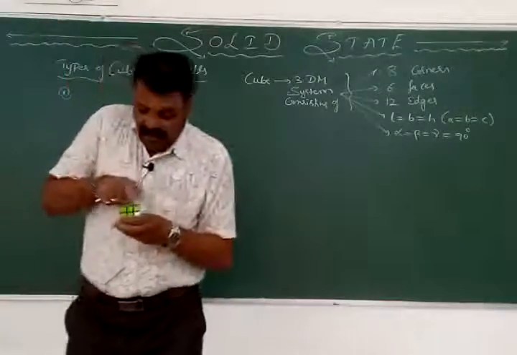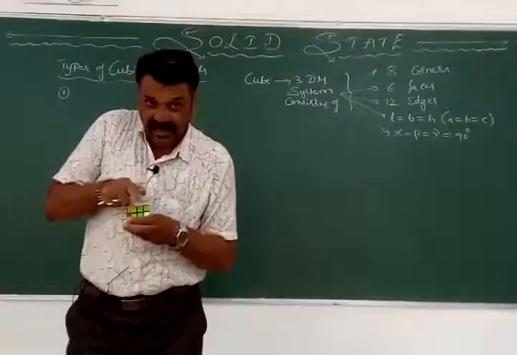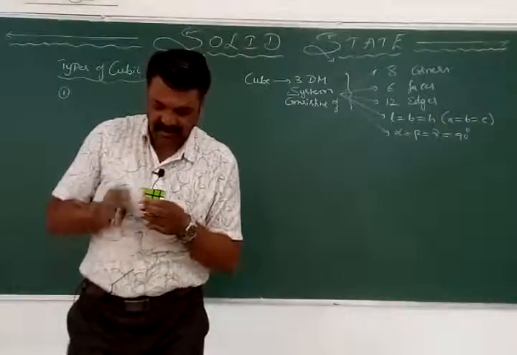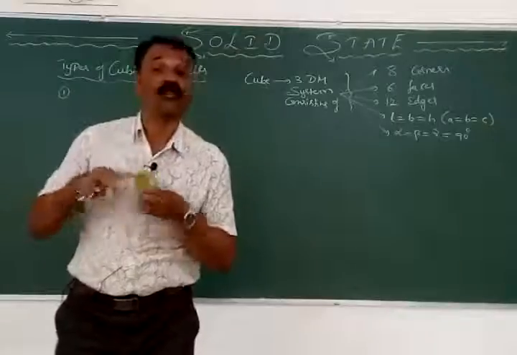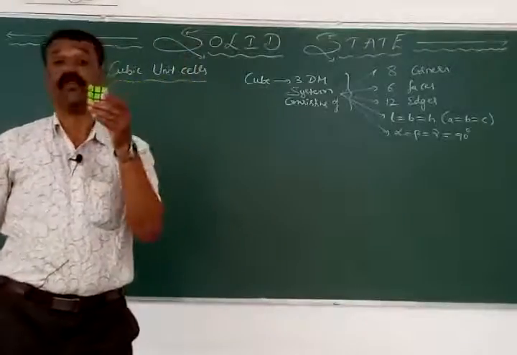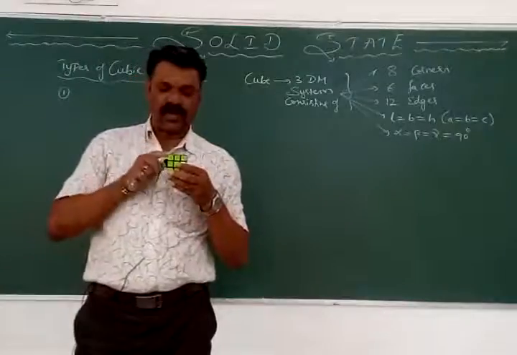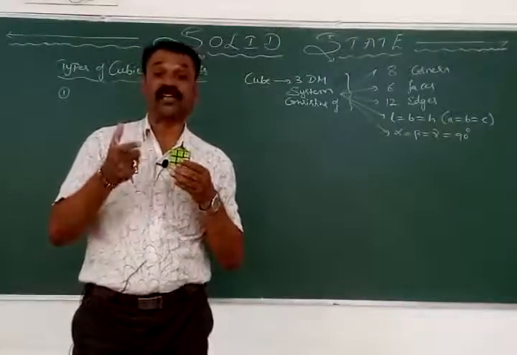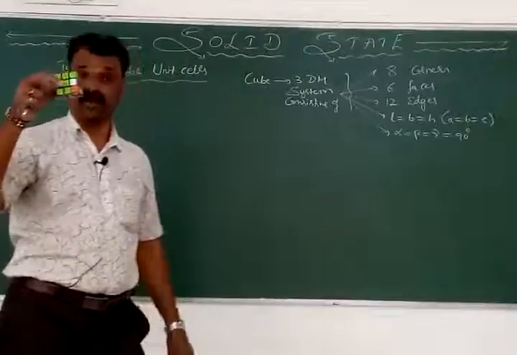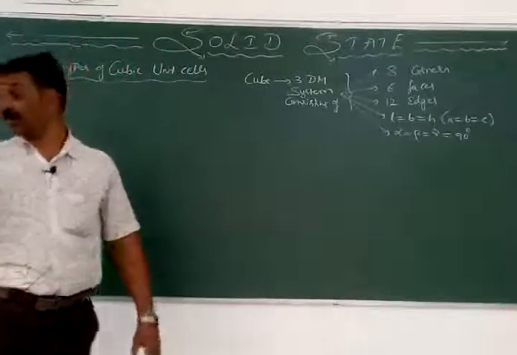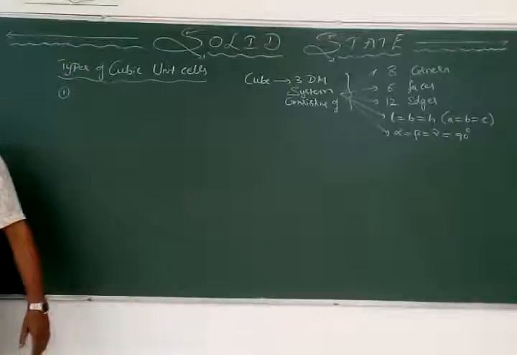This is called an edge. 1, 2, 3, 4, 5, 6, 7, 8, 9, 10, 11 and 12. Totally 12 edges. Means a = b = c, all the edge lengths are equal and all are mutually perpendicular, alpha = beta = gamma = 90 degrees. So that is the cubic unit cell.